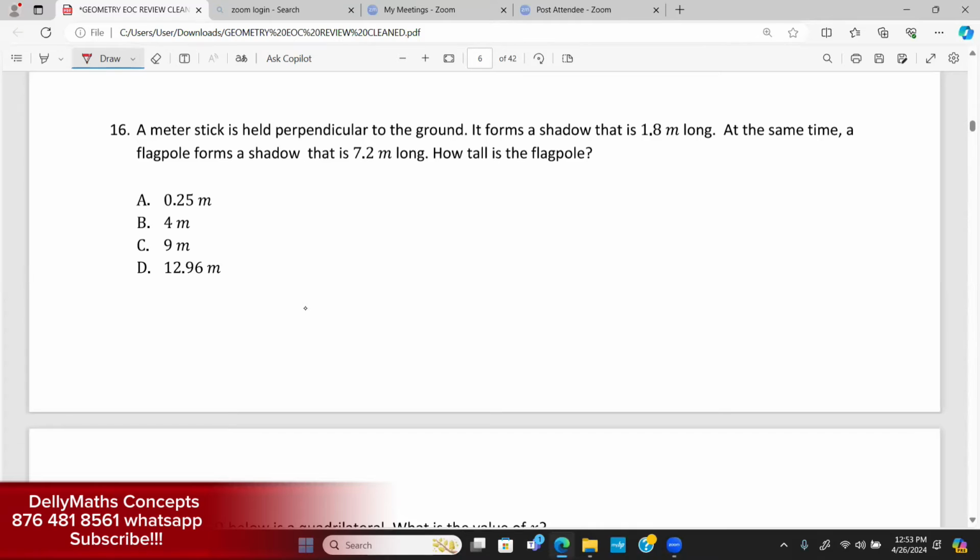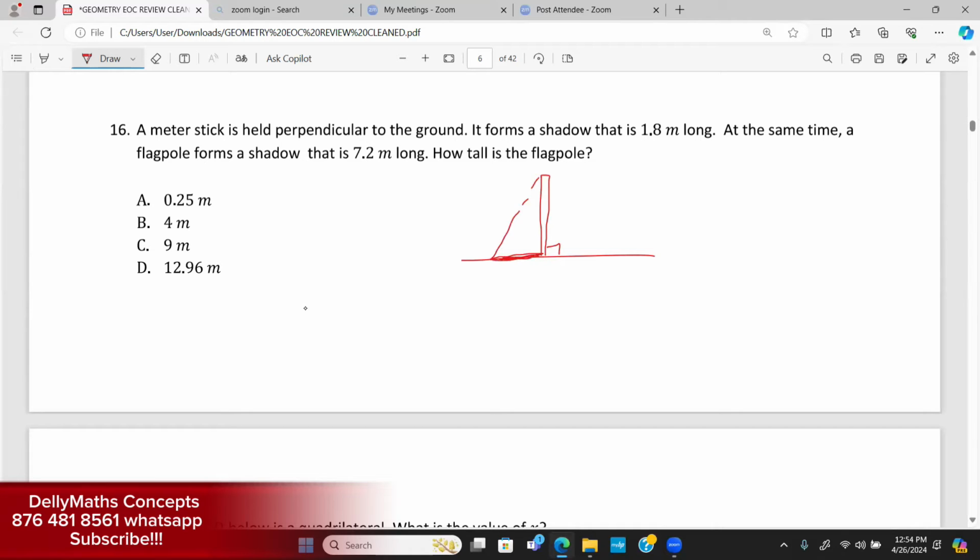A meter stick is held perpendicular to the ground. So if this is the ground, the meter stick is held perpendicular to the ground like this, meeting it at a right angle. It forms a shadow, falling somewhere here.